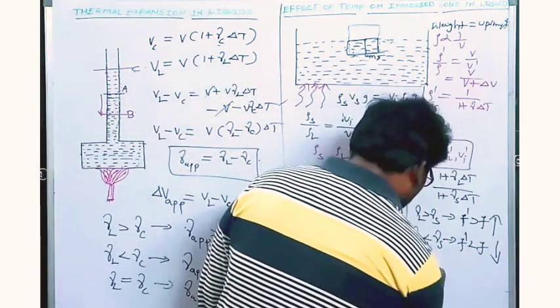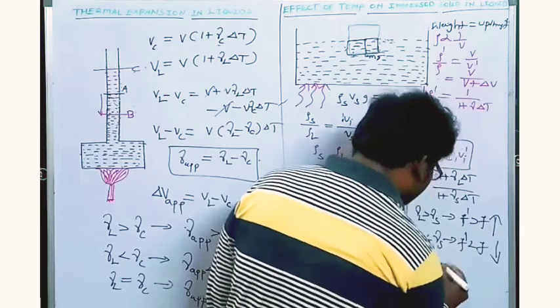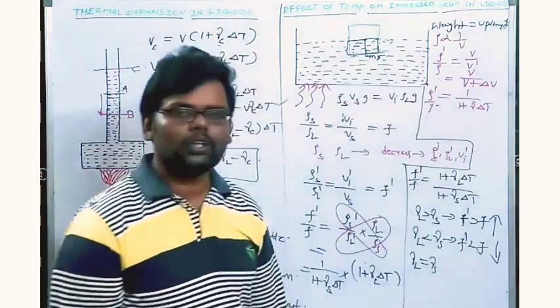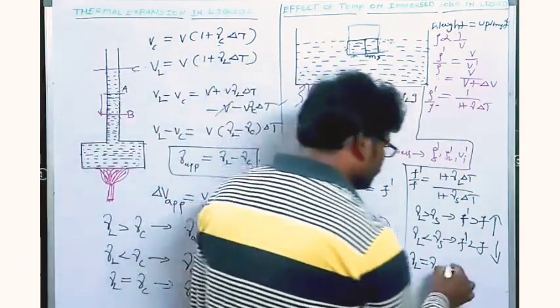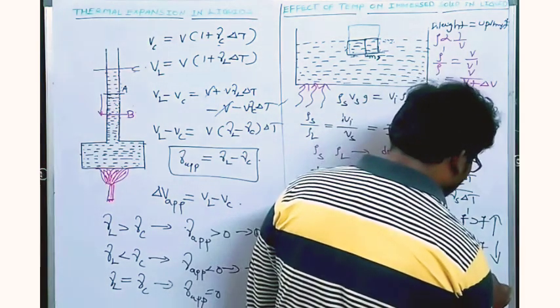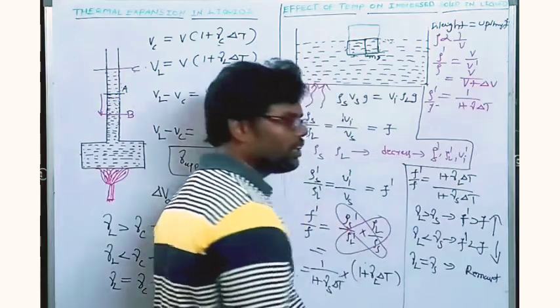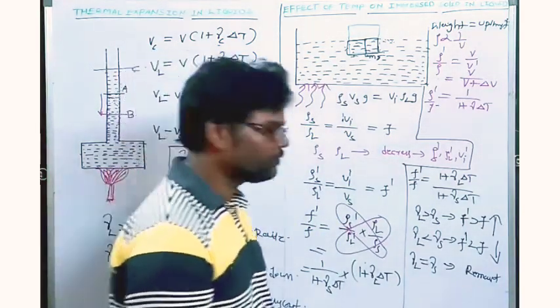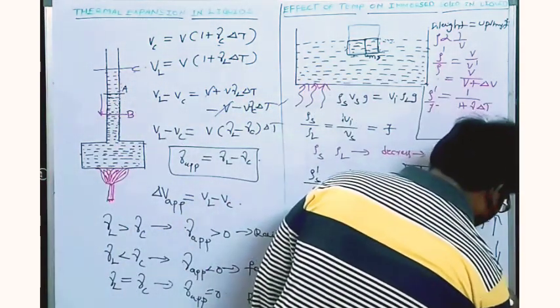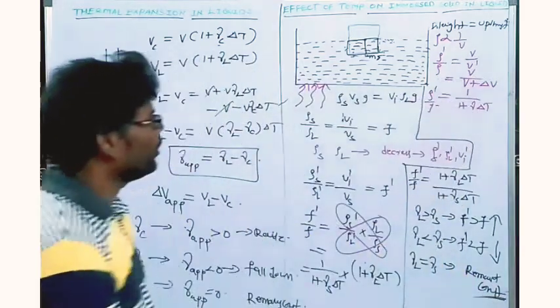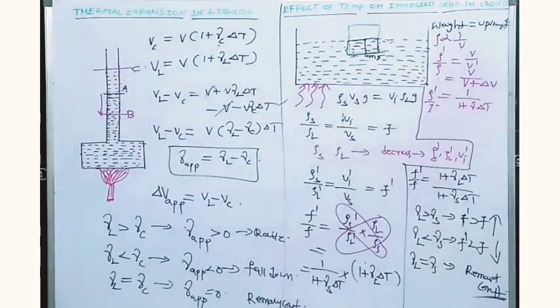Now if gamma L is equal to gamma S, in this situation it remains constant. It will not decrease and it will not increase, it remains constant, isn't it? And take a note, let me clean this.